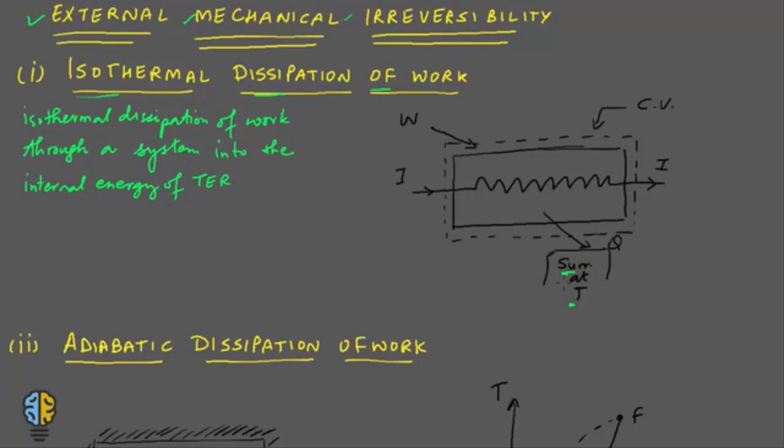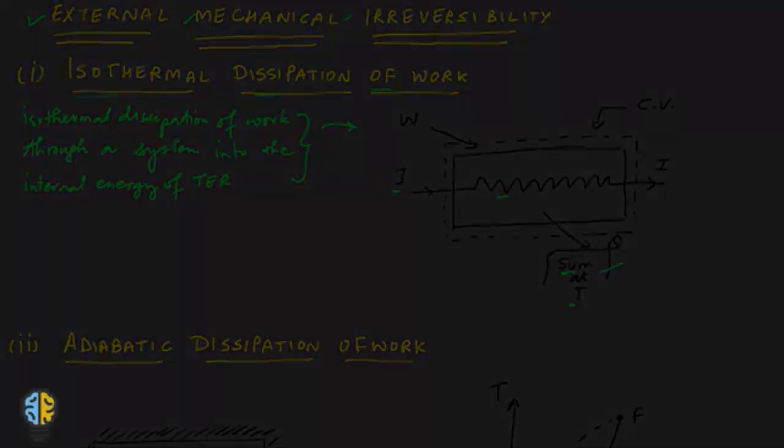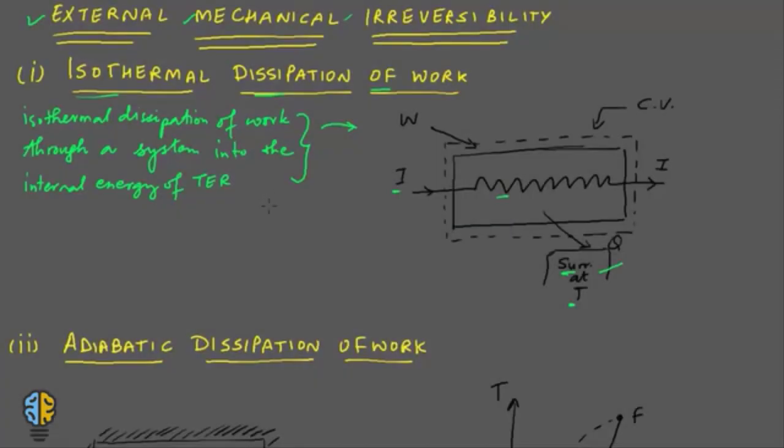Okay, so we will represent this with the help of this diagram, which shows the flow of an electric current I through a resistor in contact with a reservoir. Now at steady state, the internal energy of the resistor, that is R, and hence its temperature is constant.